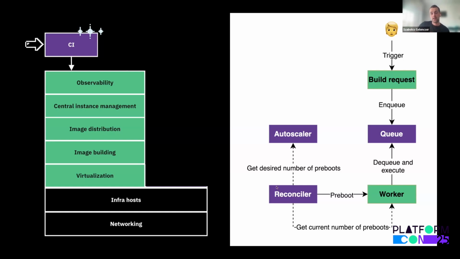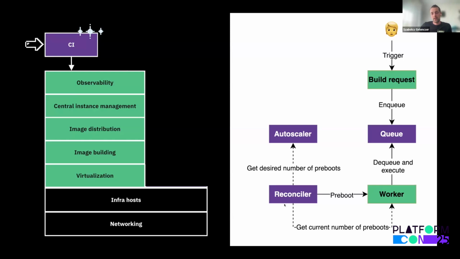To do that, we have a so-called reconciler component. It's the same stuff that Kubernetes has, for example, internally to converge the system to the desired state. We give a desired number of prebuilt VMs to the reconciler per pool, meaning VM image plus machine type, because you need that information to create a virtual machine.